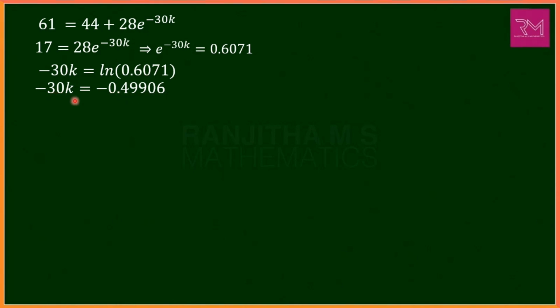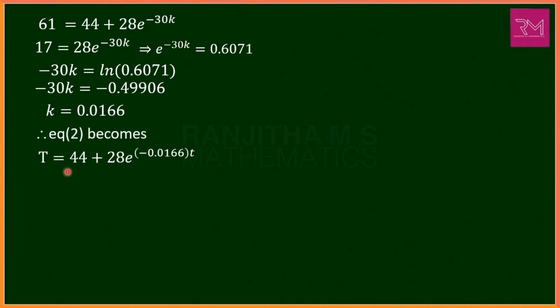That is our minus 30k value. Taking this to the right hand side, we get the value of k as 0.0166. Once we obtain the lambda value and k value, equation 2 becomes T equals 44 plus 28 into exponential power of minus 0.0166 into small t.